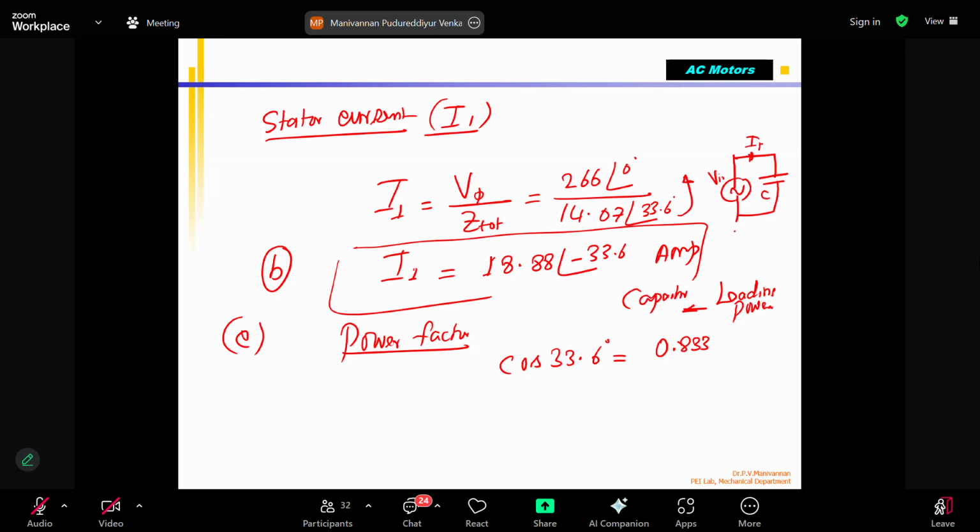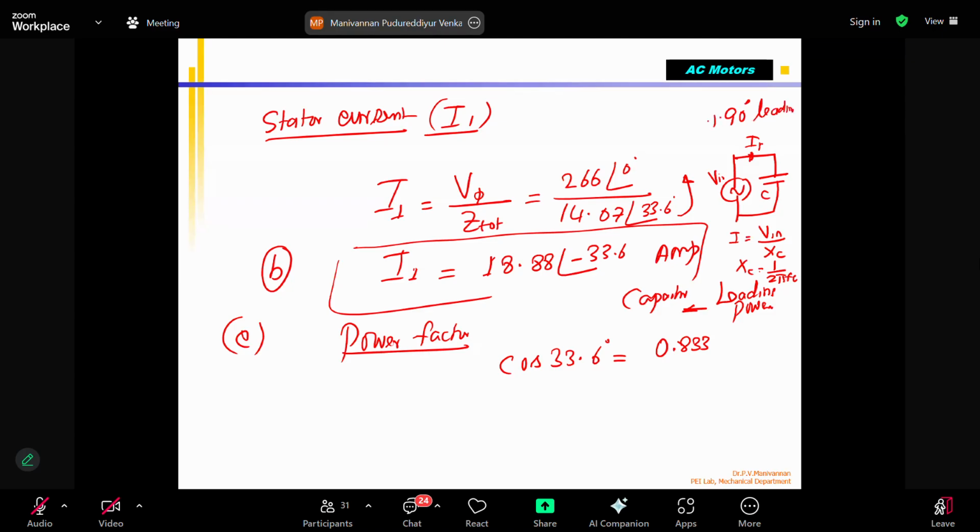So I equals V in divided by XC, where XC equals 1 divided by 2 pi FC. This current will be phase shifted by 90 degrees. That is called leading power factor.